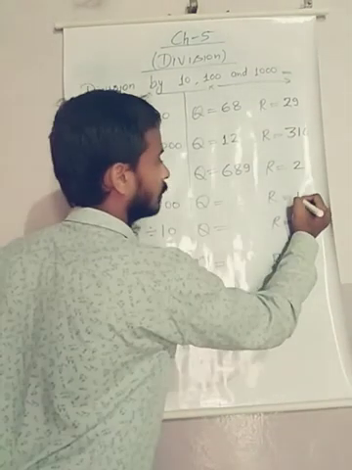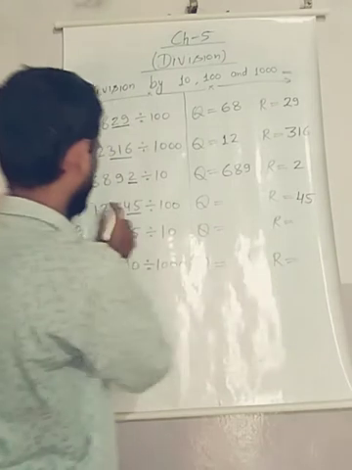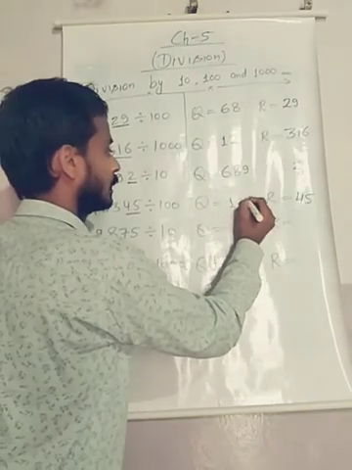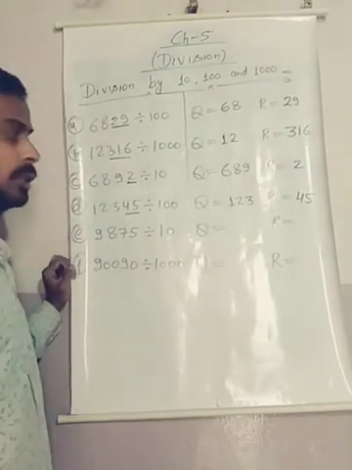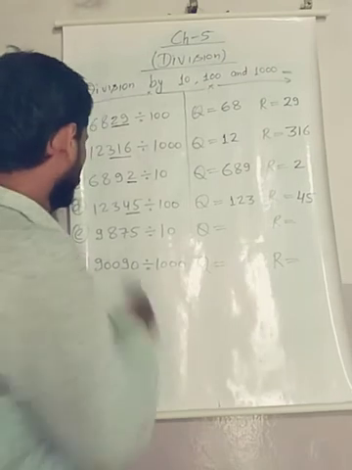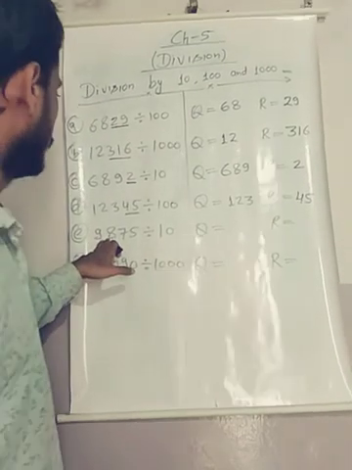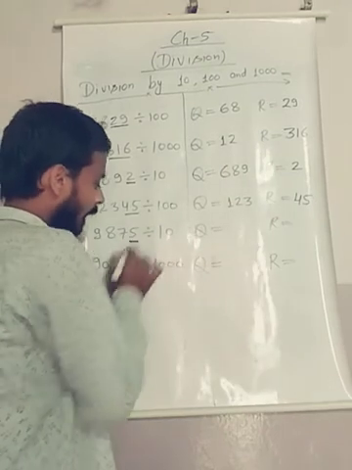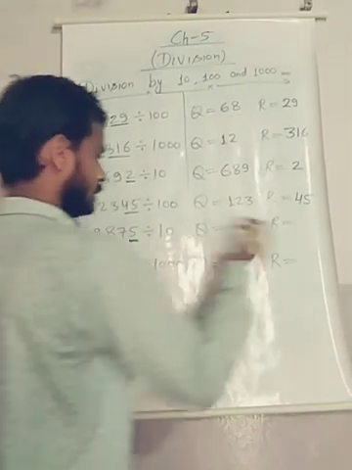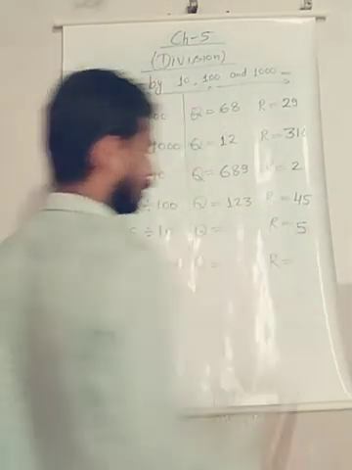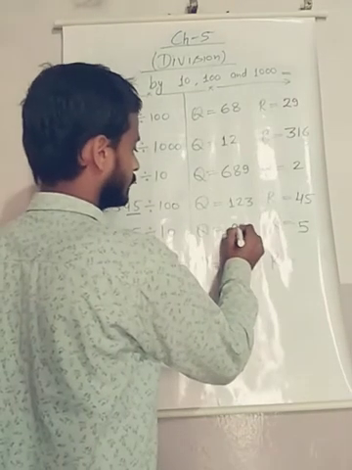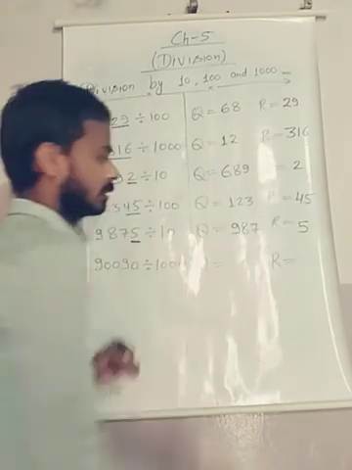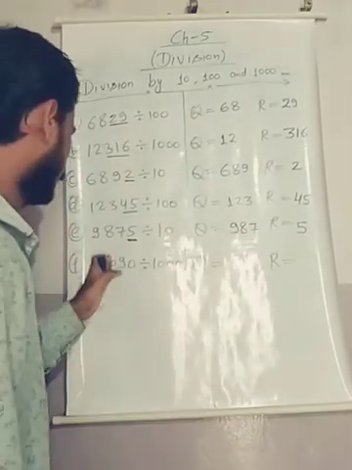So right here 45 and the rest, 123, is quotient. Okay, now next, 9875 divided by 10. Again last digit only. Last digit is 5, so remainder is 5, and 987 is quotient. Clear?